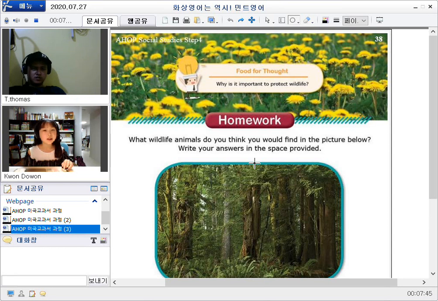A little. Why? Because for example, the small animals like squirrels, we can protect the squirrels, but the big animals like polar bears, we can't protect those bears, because they live on ice.